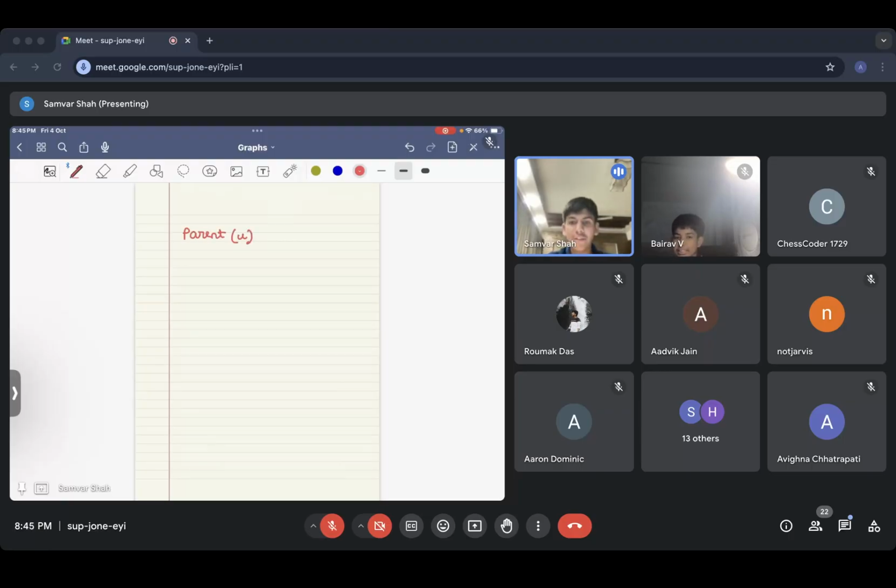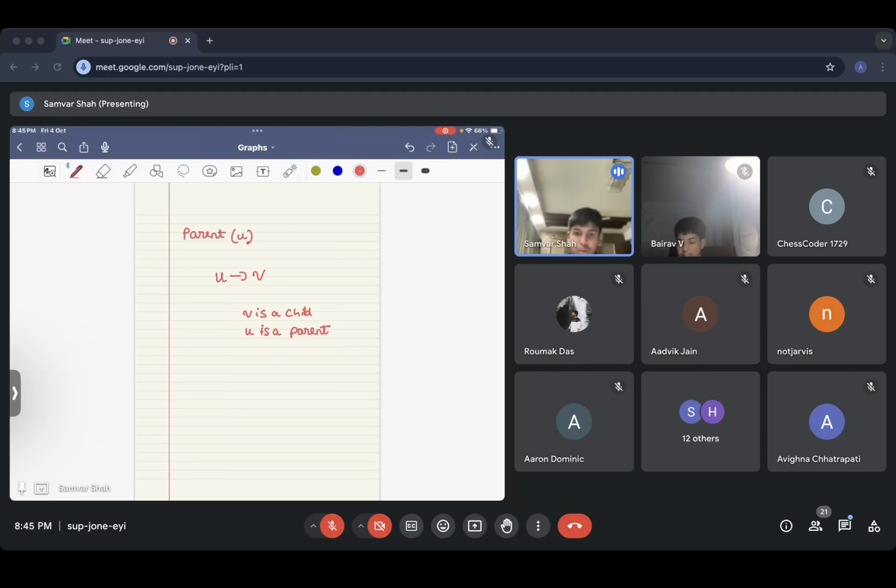A parent of a node is the node from which it was first found during the DFS iteration. So if you had something like u to v, then v is a child and u is a parent.